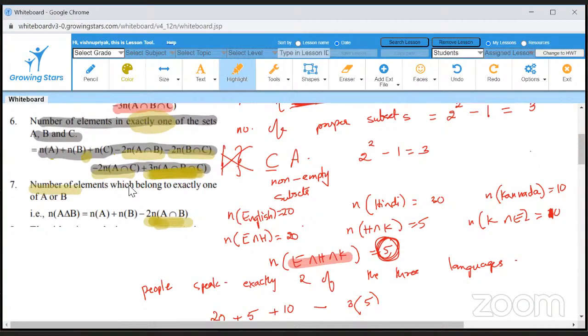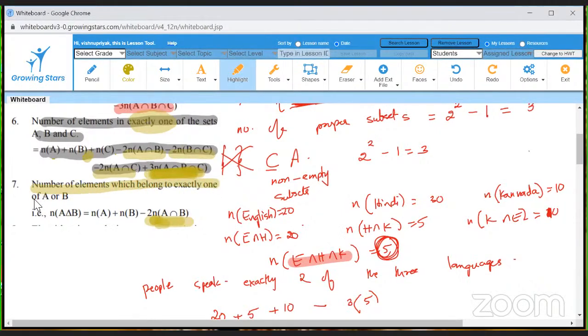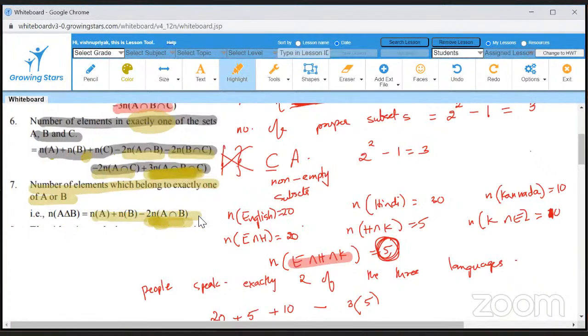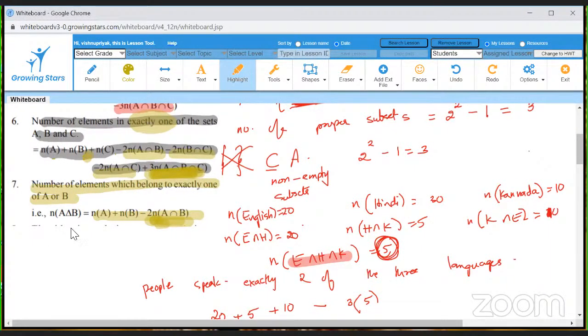Okay, last one. Number of elements which belong to exactly one of A or B. That is n of A plus n of B minus 2 times intersection D. So instead of 3 languages, we have only 2 languages.